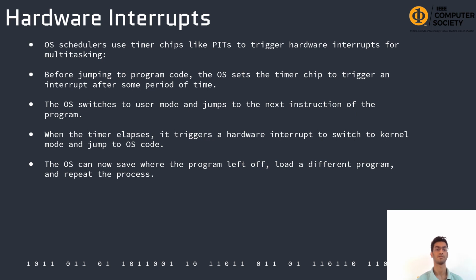So, before jumping to the program code, the OS sets the timer chip to trigger an interrupt after a certain period of time. The OS switches to user mode and jumps to the next instruction of the program. When the timer elapses, it triggers a hardware interrupt to switch to kernel mode and jump to OS code.